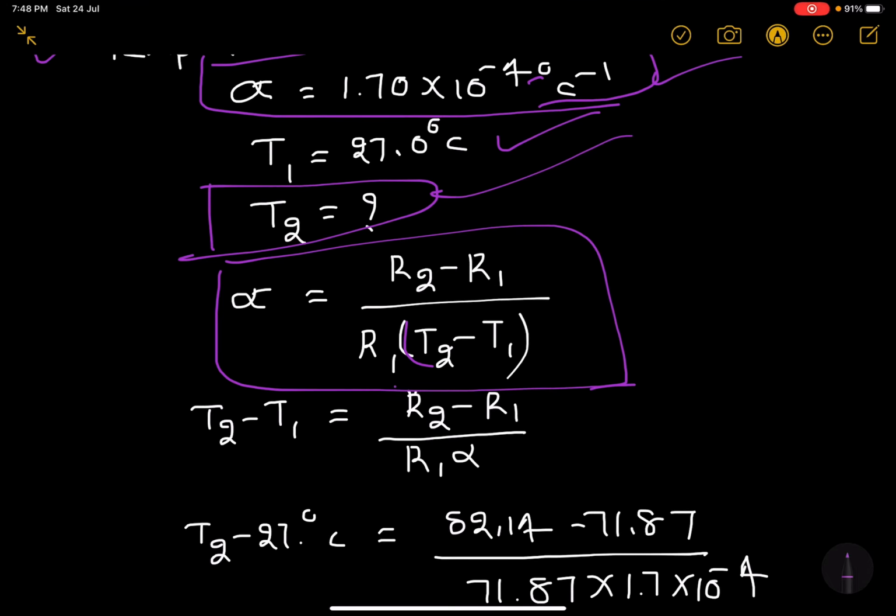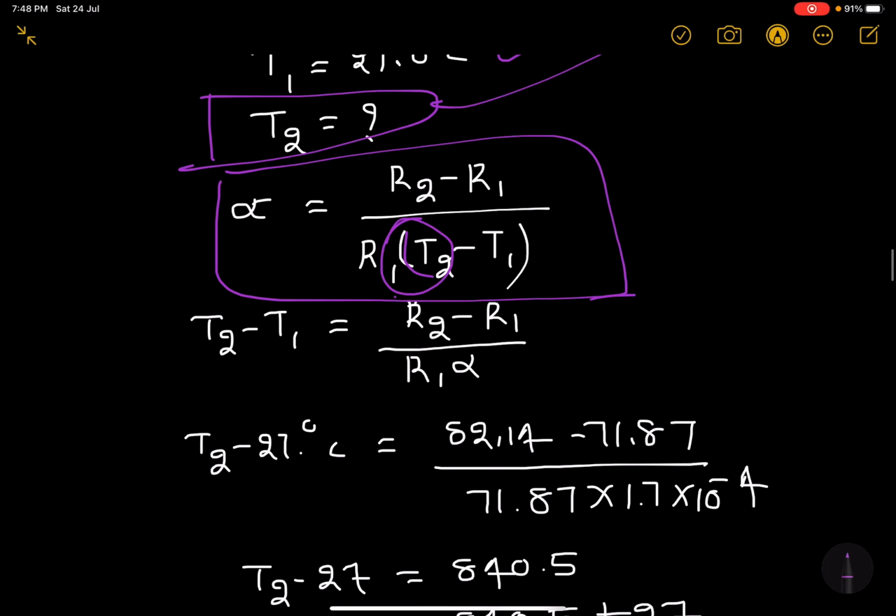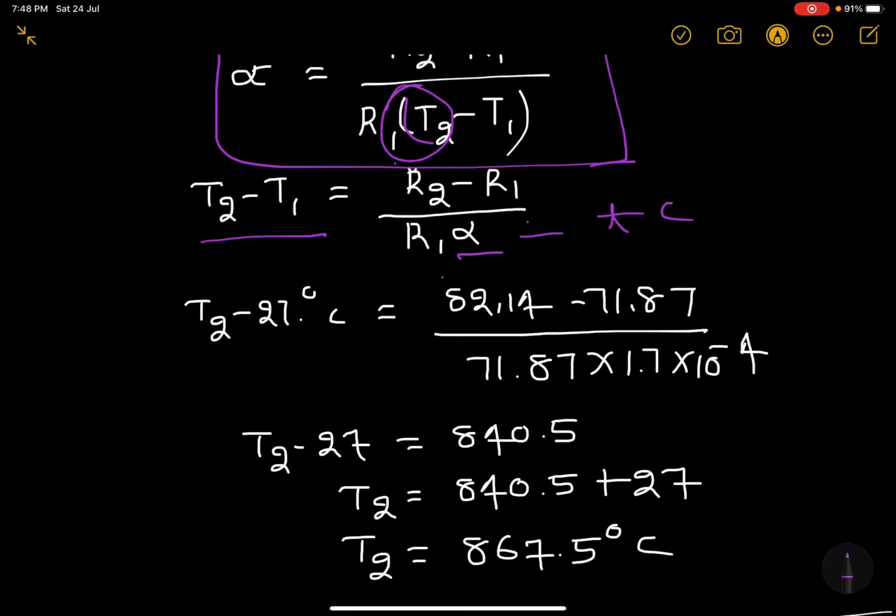So T2 minus T1 I am writing as the main factor: R2 minus R1 by R1 into alpha, that is 82.14 minus 71.87 by 71.87 into 1.7 into 10 to the power of minus 4.